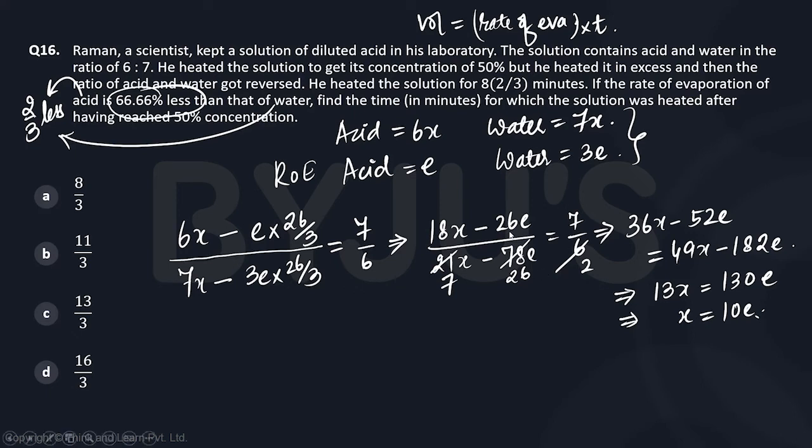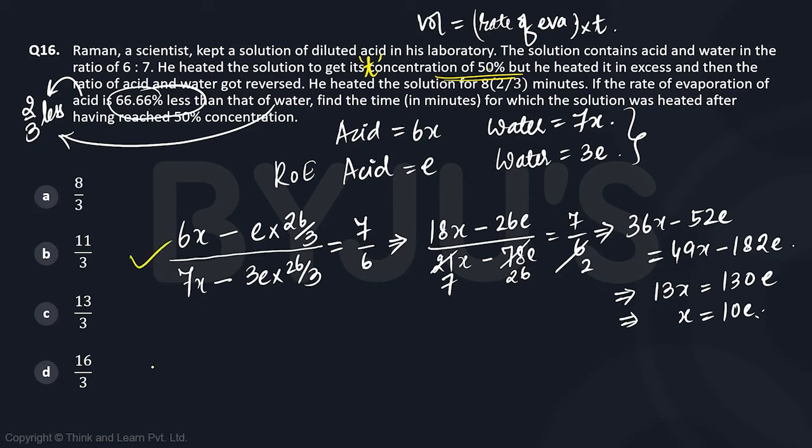The next part is how much extra did we heat here? Instead of calculating extra time, let's say that for T time it was supposed to be heated so that the concentration of each of them became 50%.